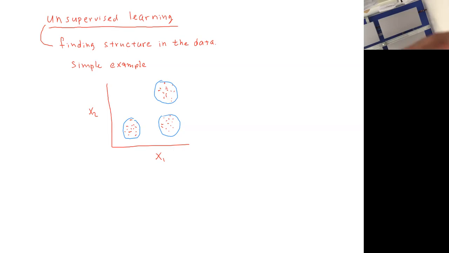And you can treat this, for instance, as P of x, x1, x2 equals a sum on mu, pi_mu is a probability, and then P_mu of x, okay? So P_mu of x, for instance, might be a Gaussian.